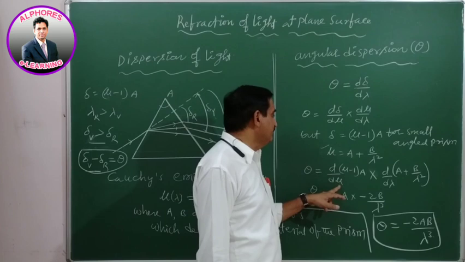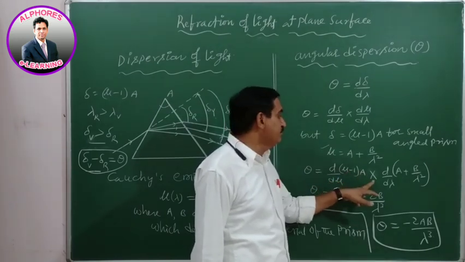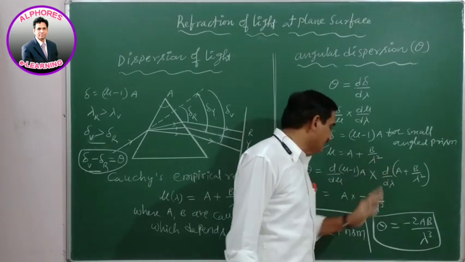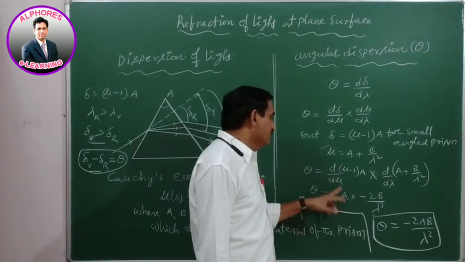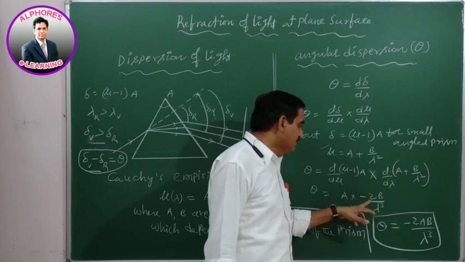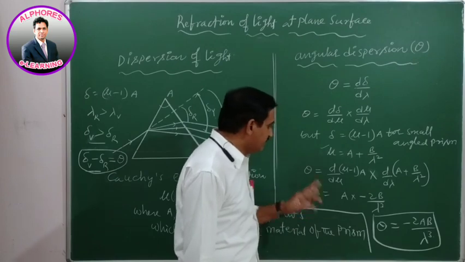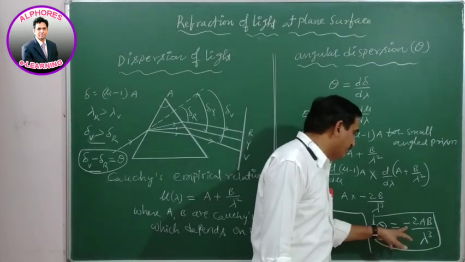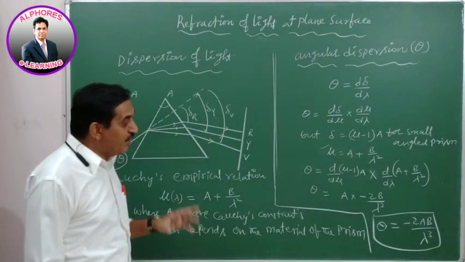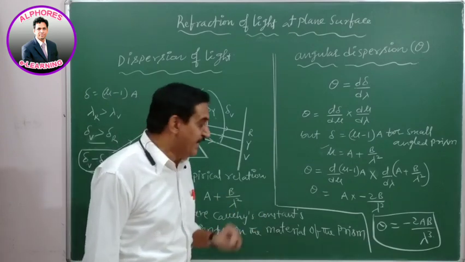Theta equal to d by d lambda of delta, with delta equal to mu minus 1 into A, and mu value substituted and differentiated. After differentiating, we get A into minus 2B by lambda cube, and finally theta is equal to minus 2AB by lambda cube. This is the relation showing how the angular dispersion depends on the wavelength of the light used.